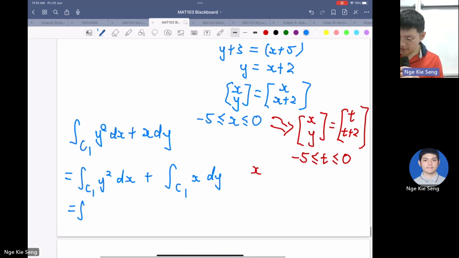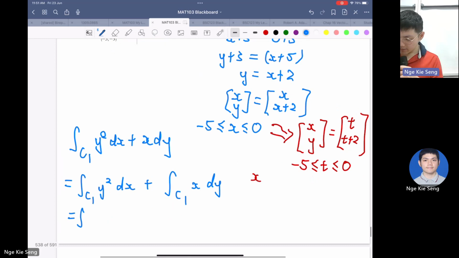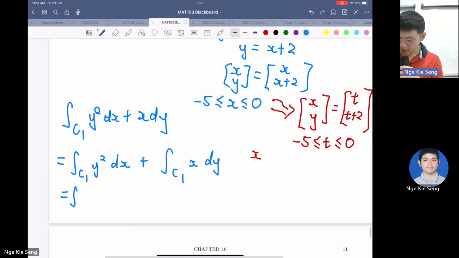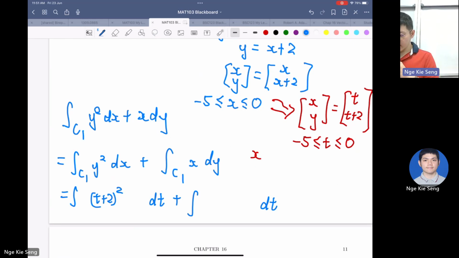The integral over C1 of y squared dx, we need to change it into dt, because that is our parametric equation. So our y becomes t plus 2 squared, plus a factor x prime t. So what's the x prime t here?